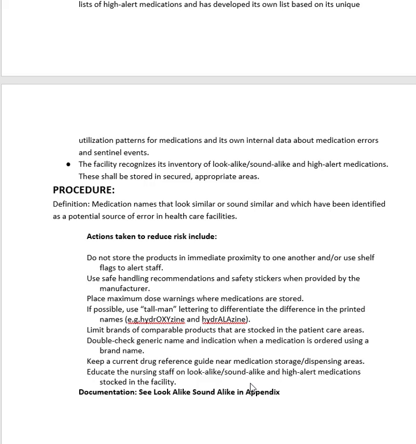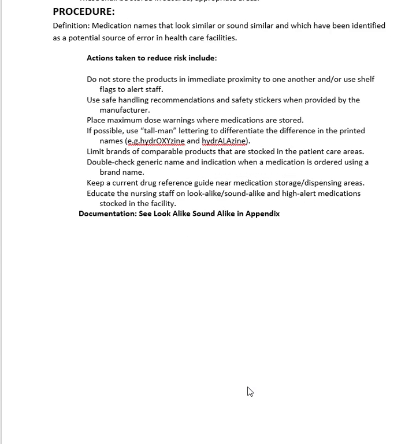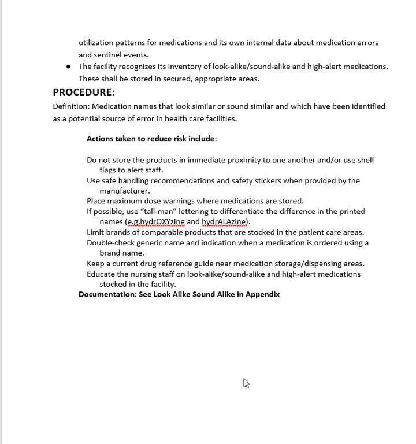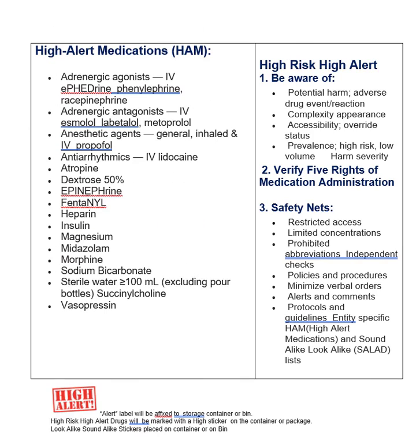We want to use Tallman lettering to differentiate the difference in the printed names. And we want to make sure that vials of different medications that look similar are not stored next to each other. So that's how we will be identifying all look-alike, sound-alike medications.